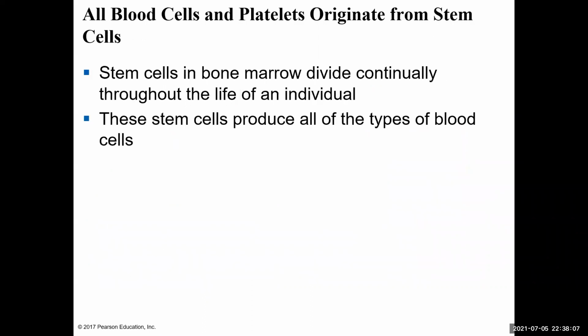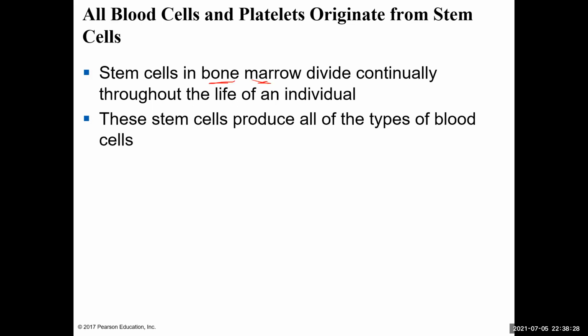All right. And so next we're going to look at where blood cells and platelets originate from. And so all blood cells and platelets come from a stem cell. And the stem cell specifically is developed in the bone marrow.